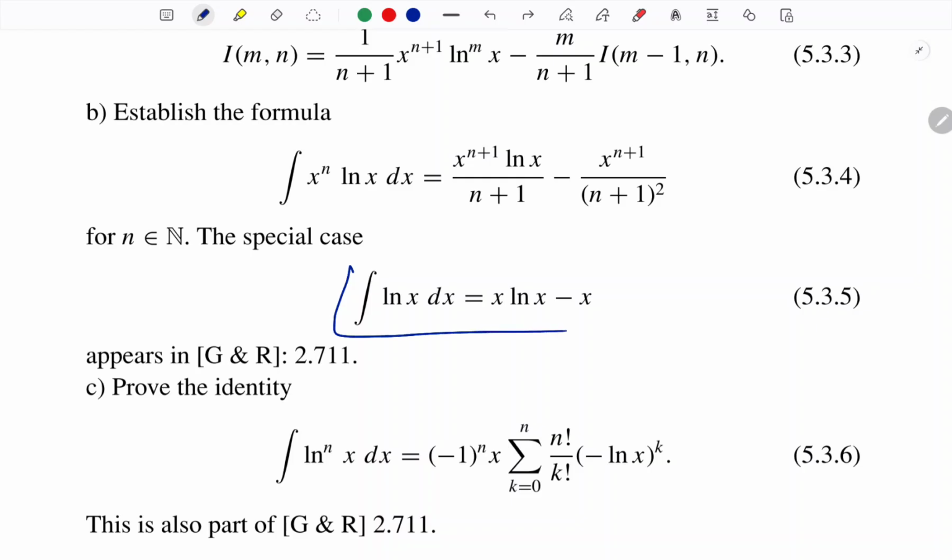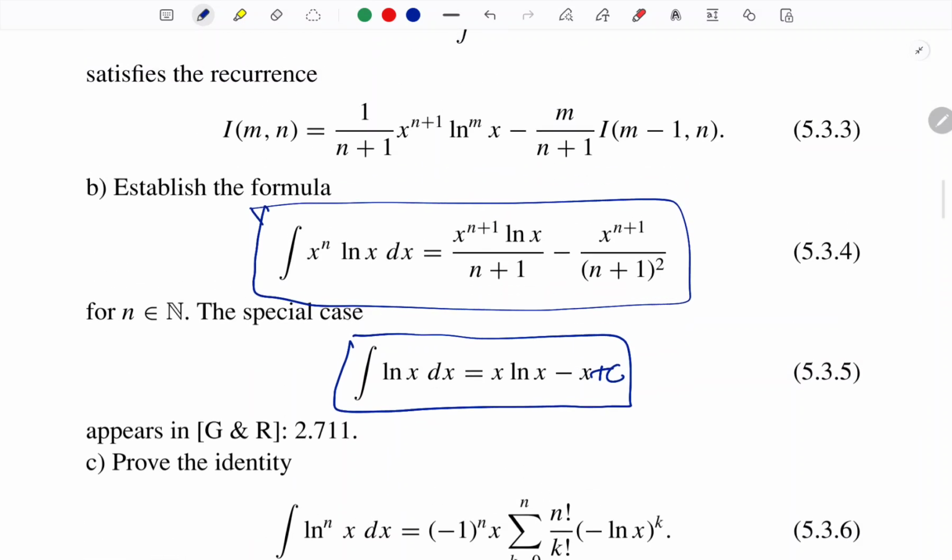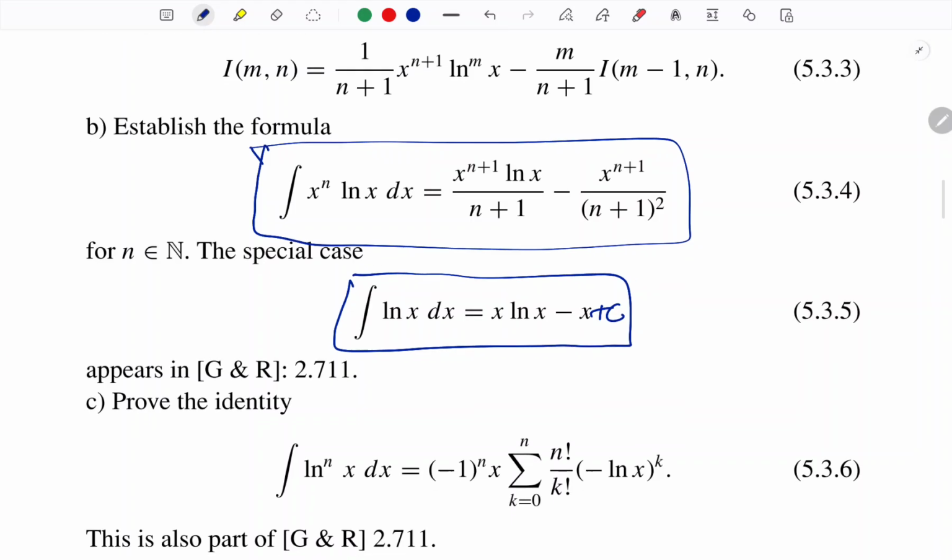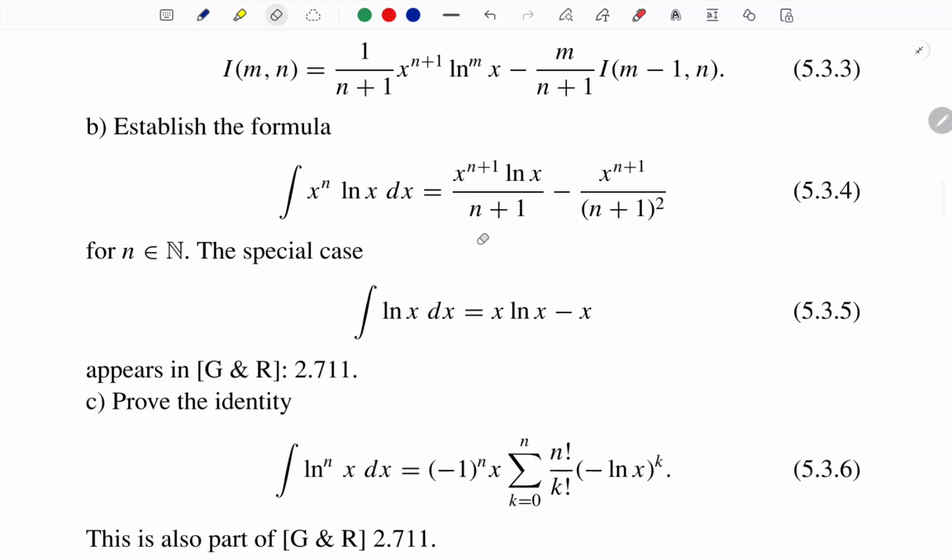Guys, please remember there should be a plus c. Remember that the integral of ln of x equals x ln x minus x. You need to remember this formula also. It's quite easy to evaluate. If you want me to evaluate this, just use the DI method: ln of x differentiates to 1 over x, and 1 integrates to x.